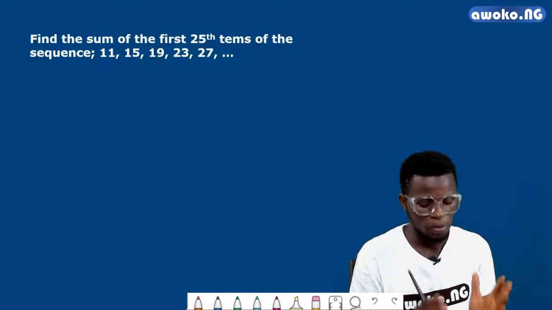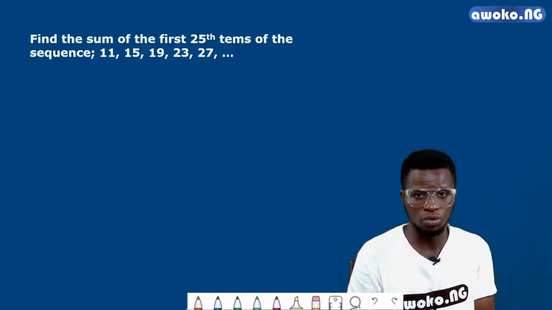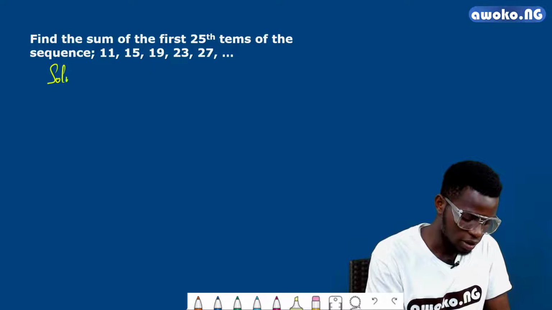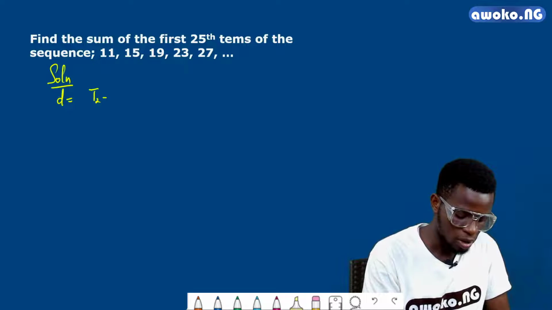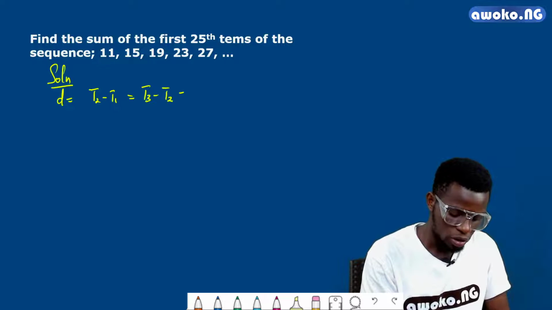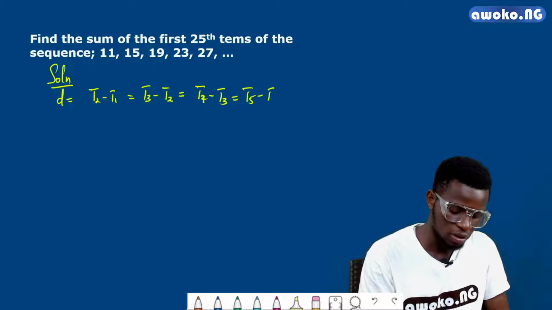Remember, to check for an arithmetic progression, we have to consider the common difference. And we said that the common difference d is equal to t2 minus t1. It must be equal to t3 minus t2, which must be equal to t4 minus t3, which must be equal to t5 minus t4.